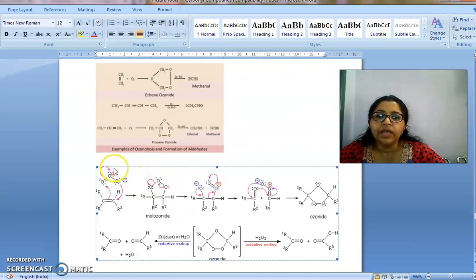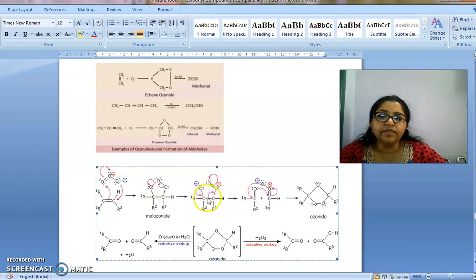This is ozone. It forms a five-membered ring, which we call monoozonide. Then the bond breaks to form an oxygen minus, and the lone pair on oxygen is used to form a pi bond.